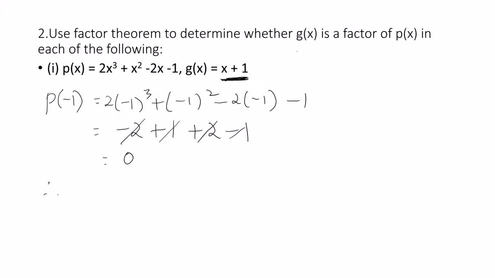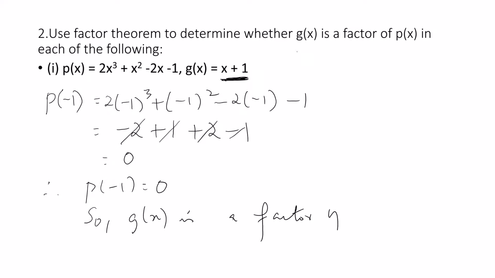Therefore, we can say that x plus 1 is a factor of 2x cube plus x square minus 2x minus 1 equal to 0. So p of minus 1 equal to 0, and so g of x is a factor of p of x.